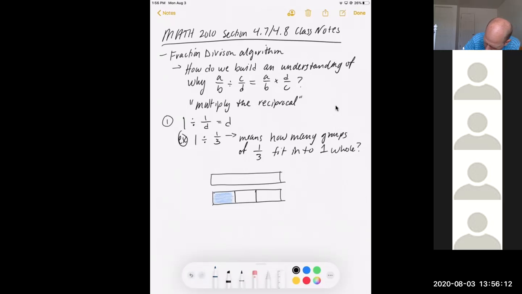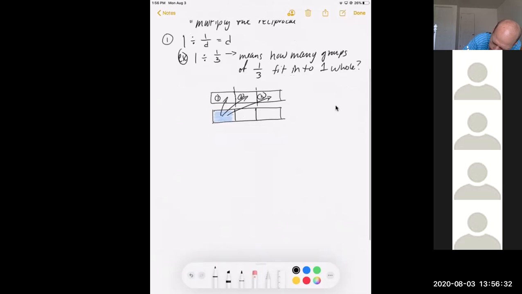So I'm going to divide up my whole into thirds. Okay, so I use long dashes, or these long divisions for my group size. I know there's one that can go in here, one that can go in here, and one that can go in here. 1, 2, 3. And so 3 groups of 1/3 fit into 1.